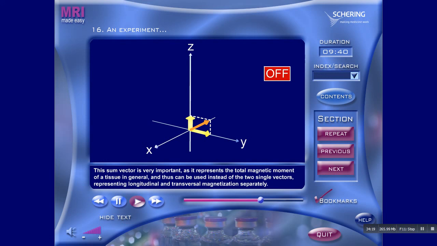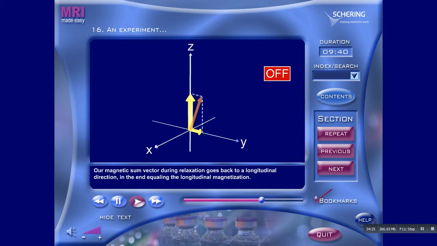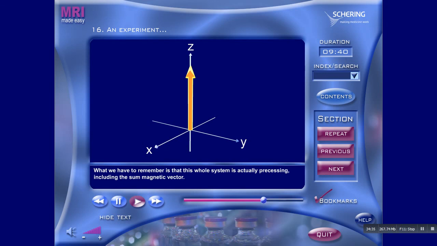Our magnetic sum vector, during relaxation, goes back to a longitudinal direction, in the end equaling the longitudinal magnetization. What we have to remember is that this whole system is actually precessing, including the sum magnetic vector.